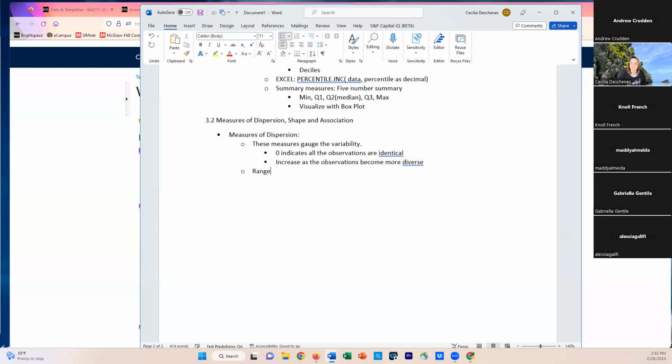So let's talk about some of these measures. So the range is the one we're going to start with. This is the simplest of all the measures of dispersion. It's just the difference between the maximum and the minimum.